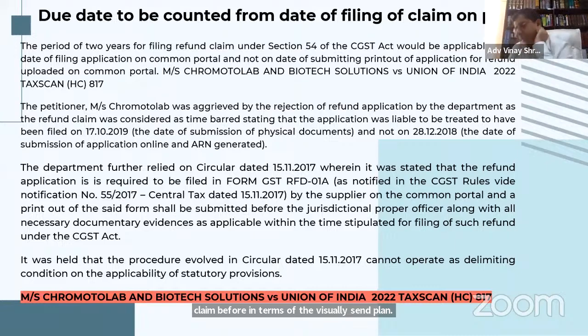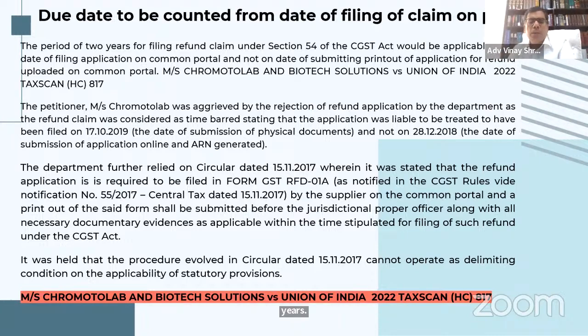In another very interesting dispute which arose before the High Court, the question was whether the physical application is to be counted as the date of filing, because the last date of claim is 2 years under section 54. Whether this 2 years is to be counted from the date of application on the portal or the physical submission of the application form.